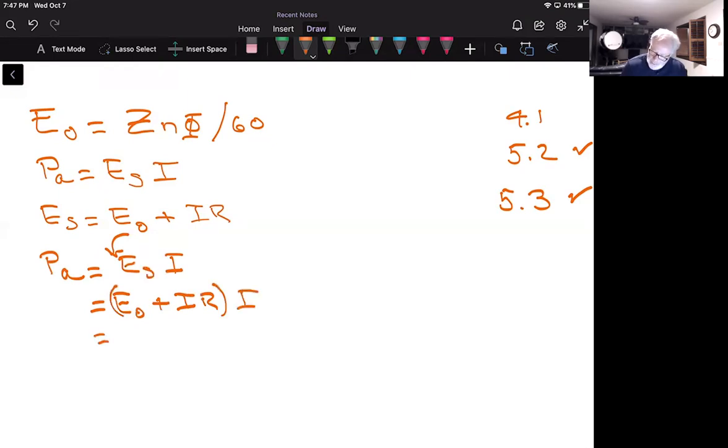And then I will multiply this through, and I'll get E sub O, armature voltage, times current, right? And I'll also multiply here, and I'll get plus I squared times R. Okay, so that gave me this equation. Put this back here. So I'll have that. And so now we've defined a fourth equation in chapter 5, which we're going to give as this here.